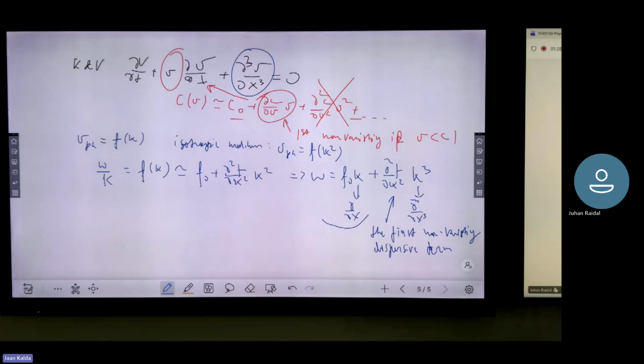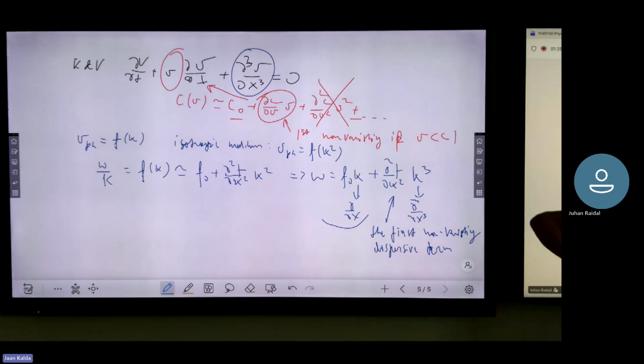In the case of an oscillator, if you take just the quadratic potential, this doesn't give you dependence of the period on amplitude. Now here, this gives us dependence of speed on the wave vector.